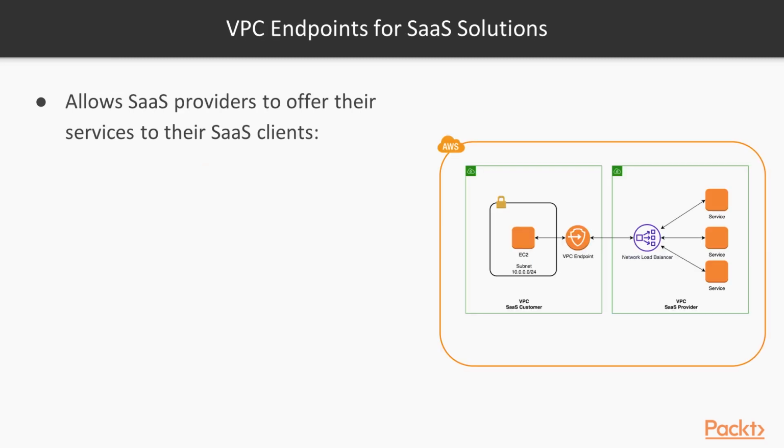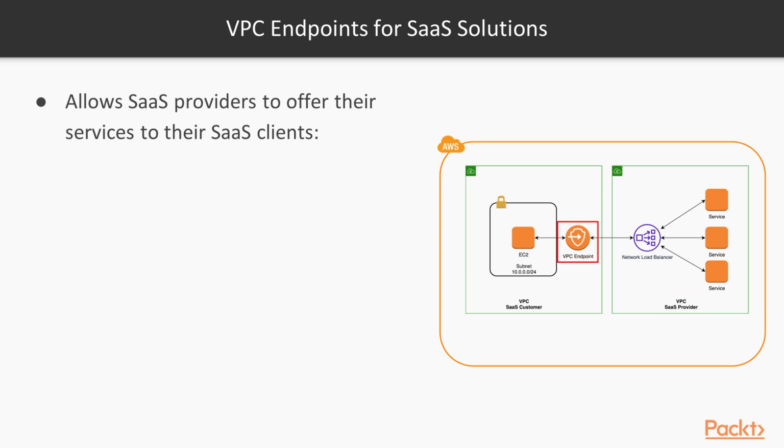So VPC endpoints can be used in software as a service solutions, or SaaS solutions. A VPC endpoint allows SaaS providers to offer their services to their SaaS clients, all within the AWS infrastructure. Similar to the previous story, we have an EC2 instance running within a VPC where a customer wants to use their SaaS provider.